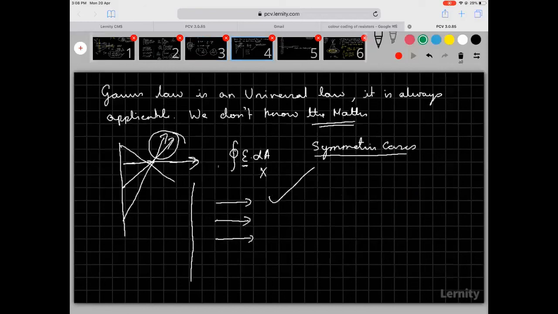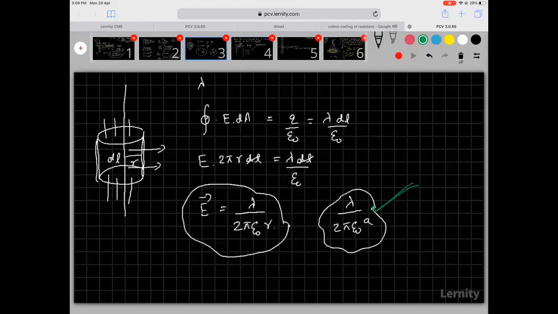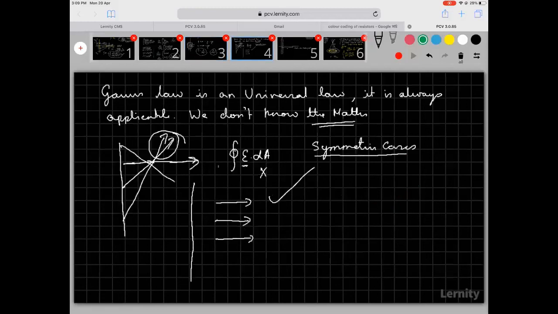Then I explained the concept of symmetry and the fact that Gauss law is universally applicable, just that we are not applying it to all those cases where the maths becomes a little difficult. So that is what I said, symmetric cases. Symmetric cases mean all those infinite cases. Then we did the symmetric cases.